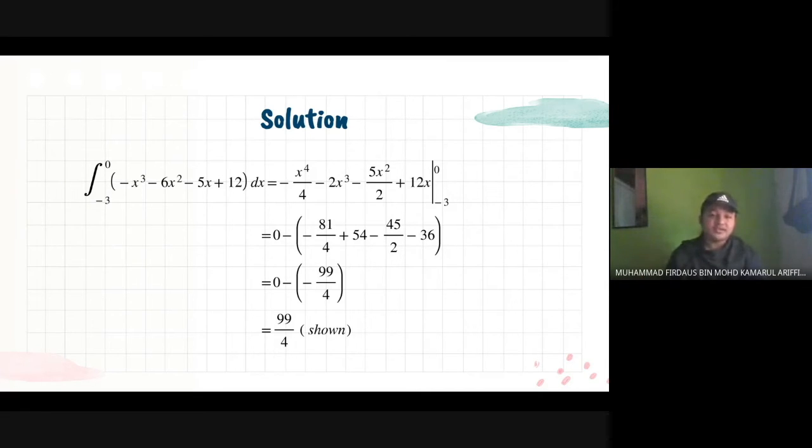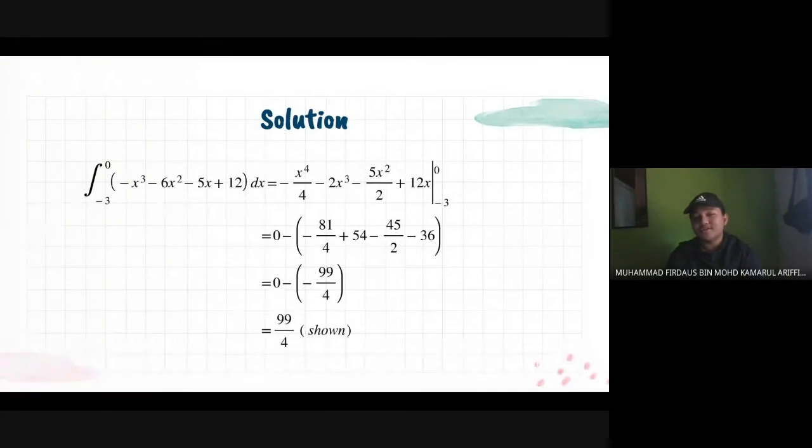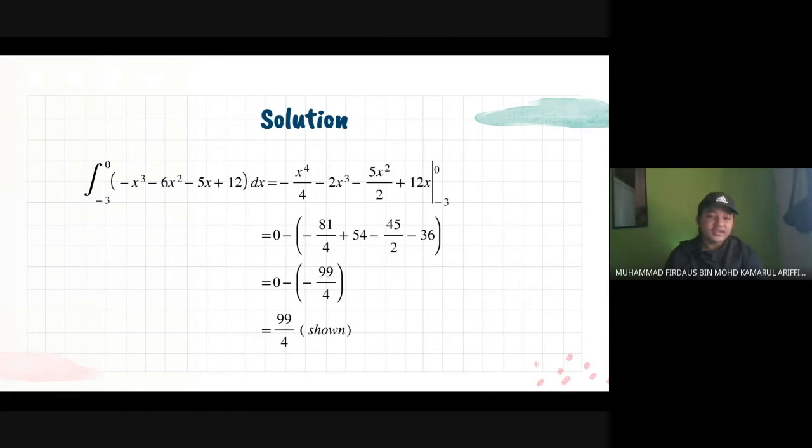Then 0 minus, we substitute -3 as the x value into the equation. We got, in bracket, -81 over 4 plus 54 minus 45 over 2 minus 36. With simple addition, subtraction, multiplication and division, we got 0 minus negative 99 over 4, negative times negative is positive, so we got 99 over 4. So 99 over 4 is the answer given in the question.